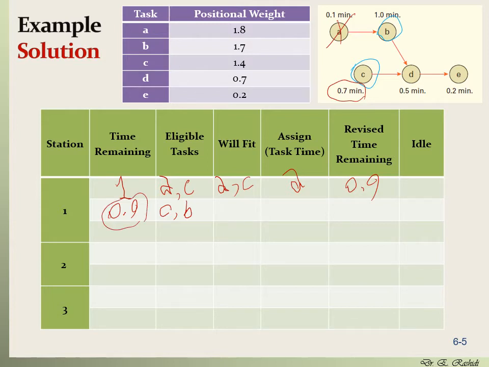But task B would not fit because it requires 1 minute and we only have 0.9 minutes. So the only task that would fit here is task C, and we're going to assign it. The time remaining would be 0.9 minus 0.7 for task C, so that's 0.2 minutes.